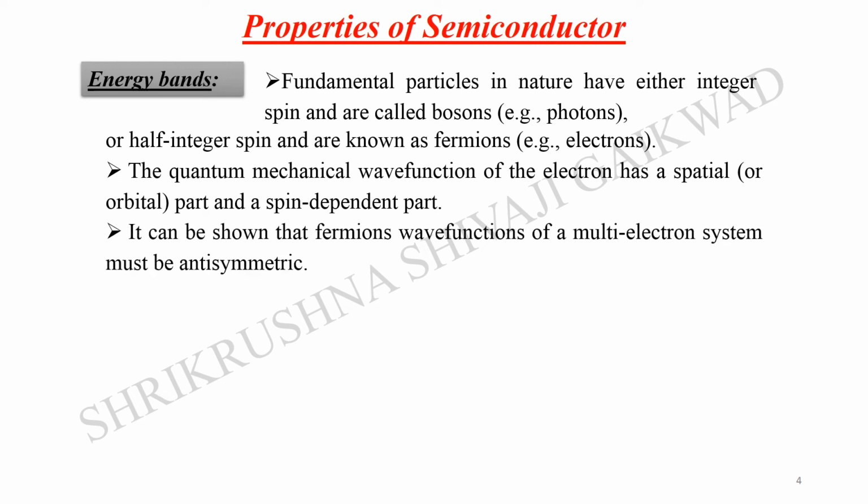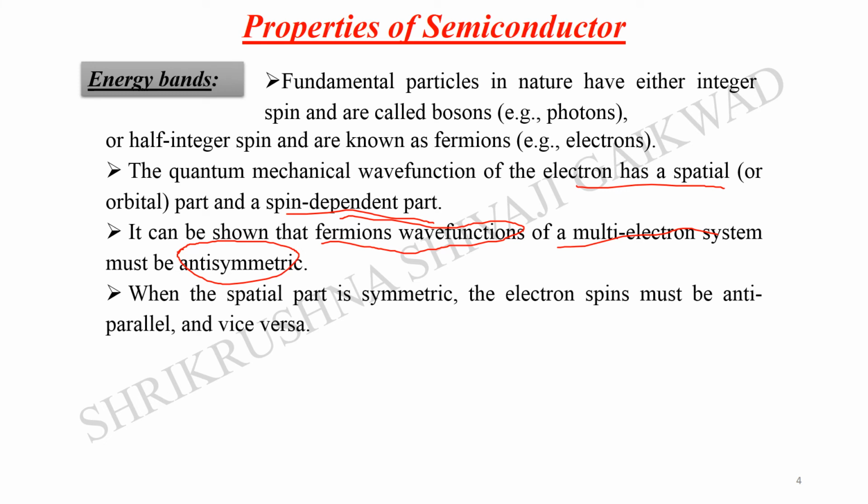It can be shown that the fermionic wave function of a multi-electron system must be the antisymmetric one. What is the requirement? The fermionic wave function of the multi-electron system must be antisymmetric. We know that this total wave function is composed of the spatial part as well as the spin dependent part. If one of the wave functions is symmetric, the other has to be antisymmetric, and only then does the combination remain antisymmetric.